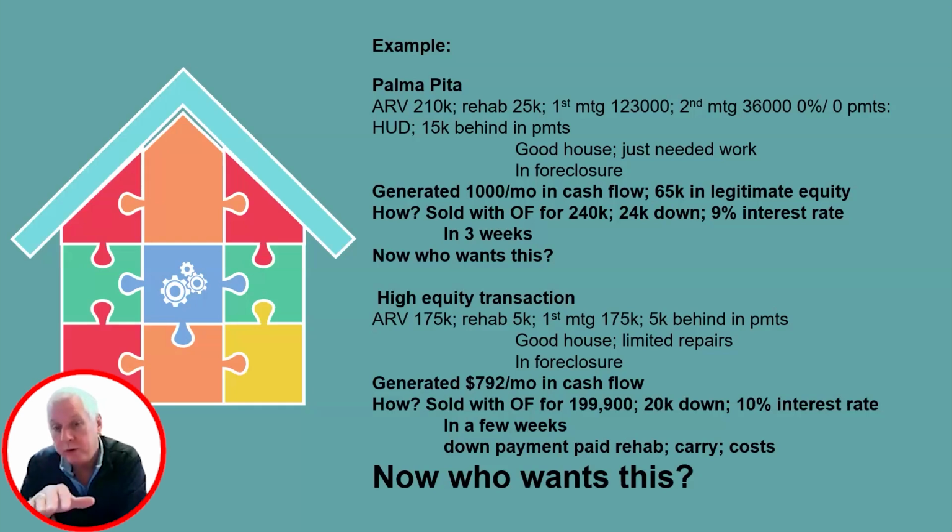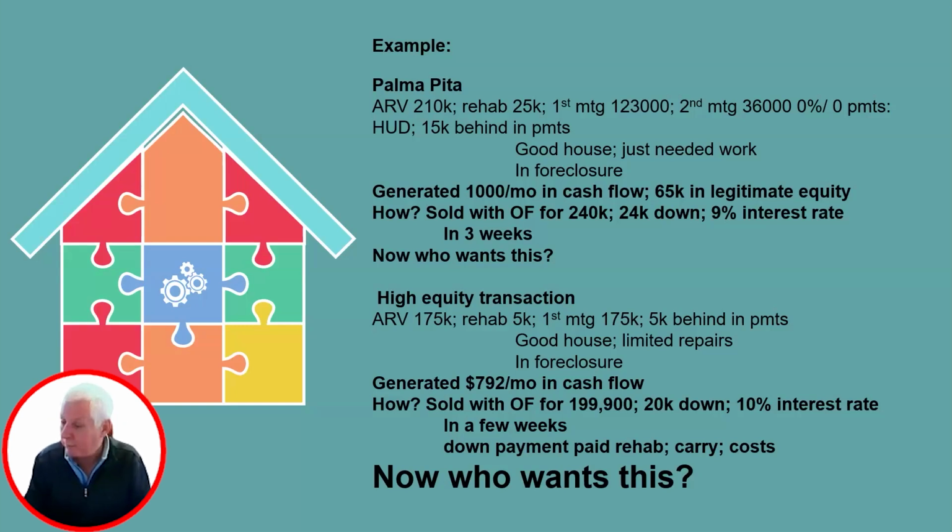So keep in mind, with this example, we're only making a mortgage payment on that $123,000. There's no interest payments on that $36,000. But I'm also having to make payments to my private lender. But after paying the first lien mortgage, this one transaction generated $1,000 a month in positive cash flow.